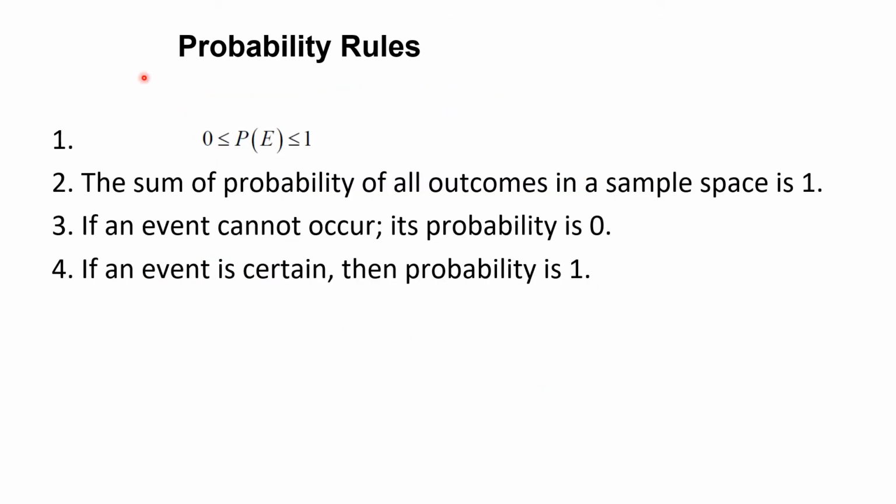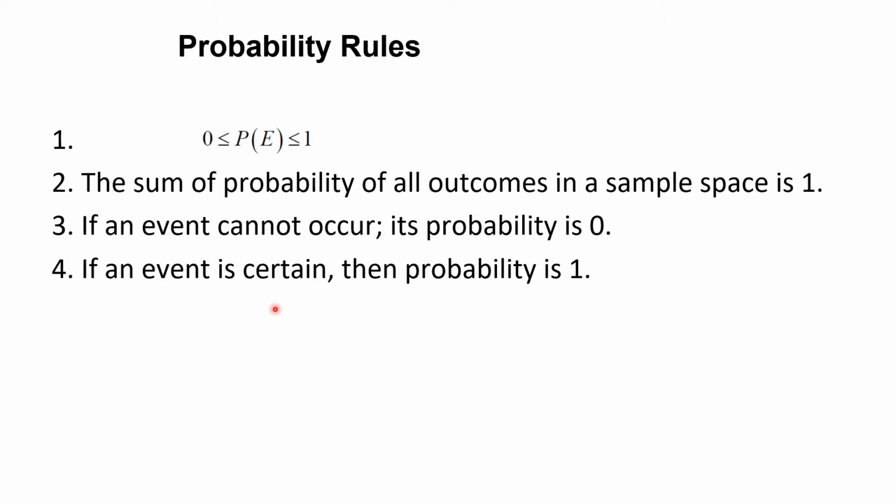So next, these are some basic probability rules, which I believe many of you are aware of. The probability value of an event has to be between 0 and 1. If an event is certain to occur, the probability is maximum 1.